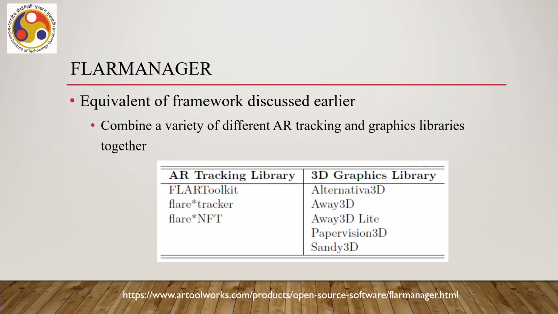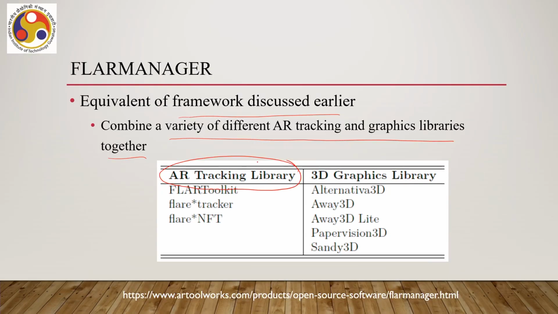Similarly, there is a framework called the Flash AR Manager or Flower Manager. It is the equivalent of a framework we discussed earlier. It combines a variety of different AR tracking and graphics libraries together, but primarily for prototyping purposes. The combinations can be in different ways.